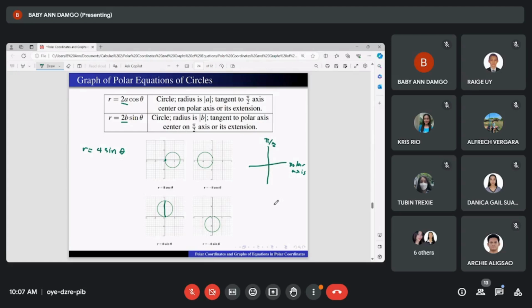So, we form a circle and then the circle is symmetric to the pi over 2 axis and then tangent to the polar axis. So, if we form a tangent line, so muna yung tangent. Kani. Okay, question? Class? Wala?